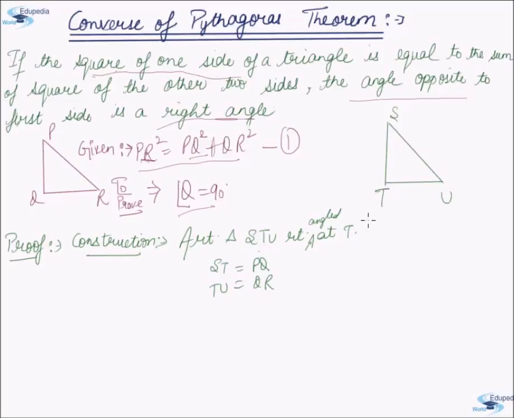Triangle STU, right angled at T, where PQ and ST are the same, and TU and QR are equal.